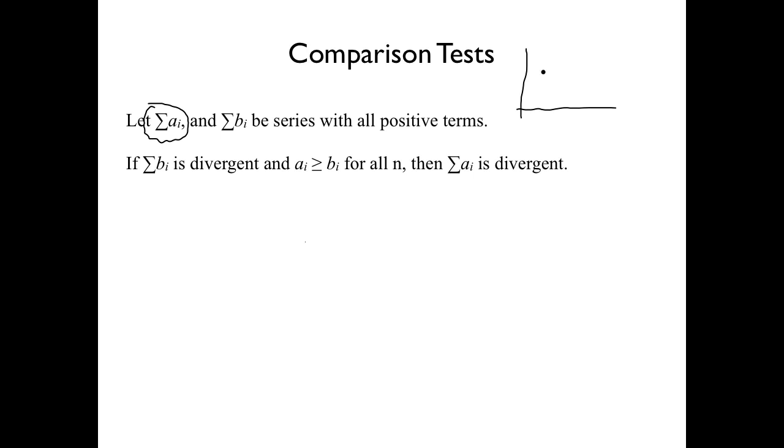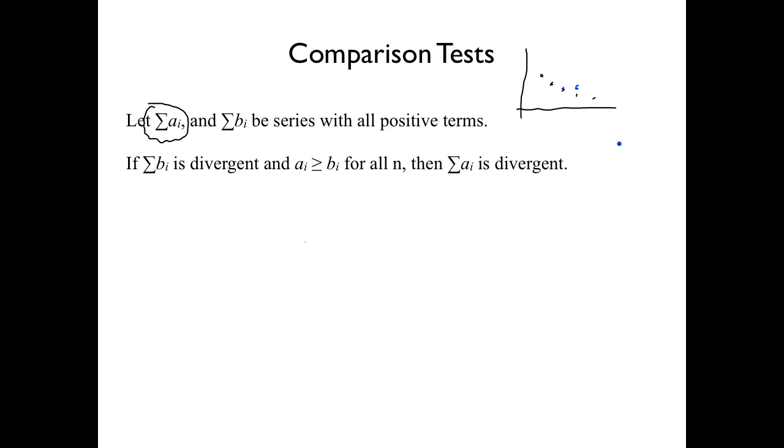So this was like the harmonic series. Here are our terms in the harmonic series: 1, 1/2, 1/3, 1/4. And what did we do? We said we'll compare it to 1, 1/2, 1/4 plus 1/4, and then 1/8 plus 1/8 plus 1/8 plus 1/8.